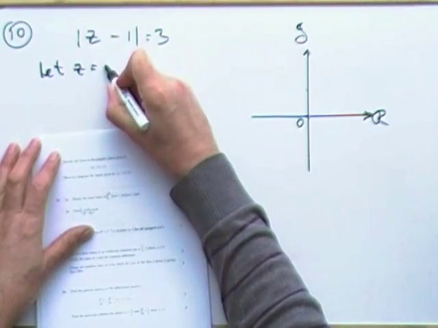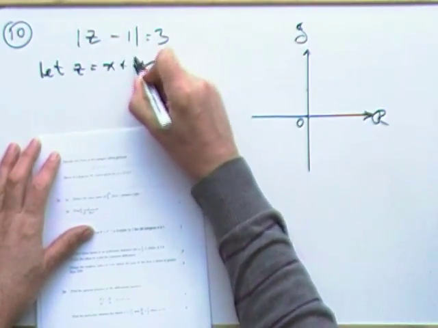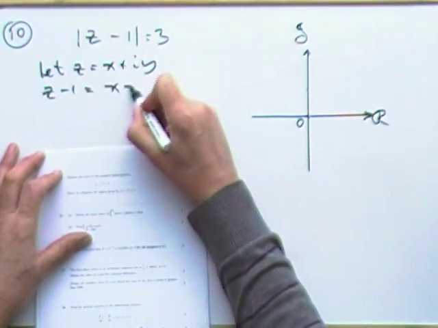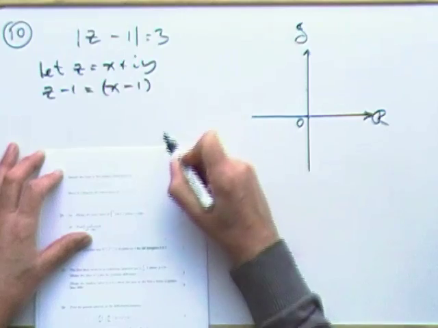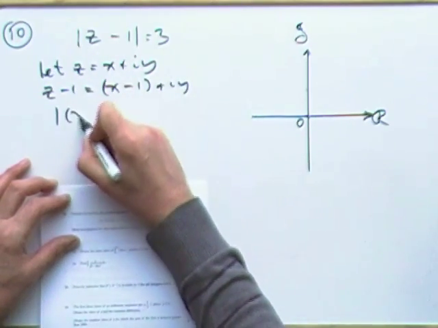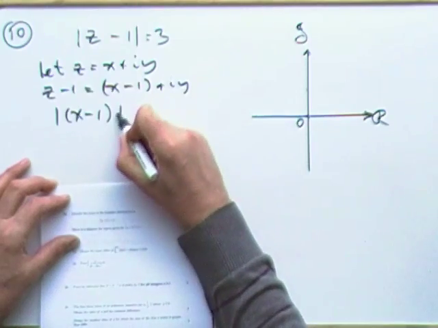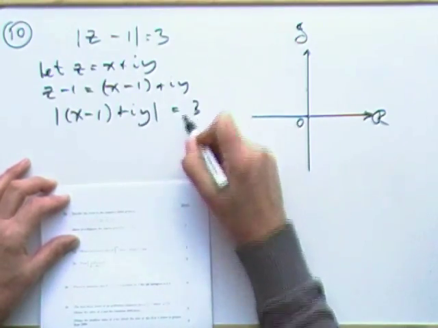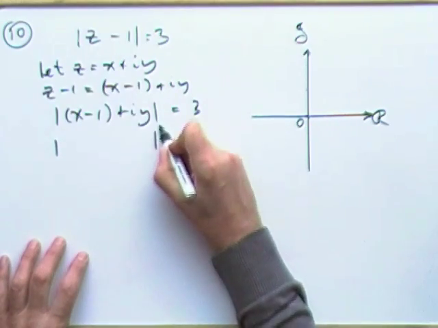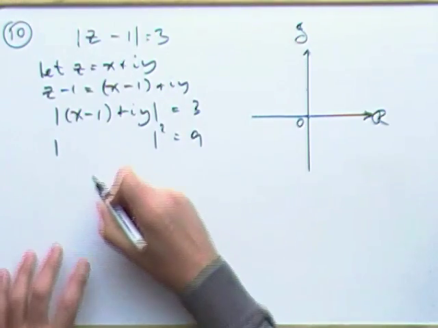Let's just say this then. Let z be x plus iy. Then z minus 1 will be x minus 1, being the real part, because it's just 1 away, plus iy. So that expression is the same as the modulus of x minus 1 plus iy has to equal 3. Right, well, that means that the square of it will equal 9.